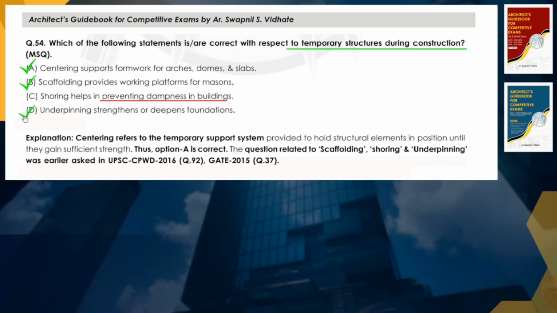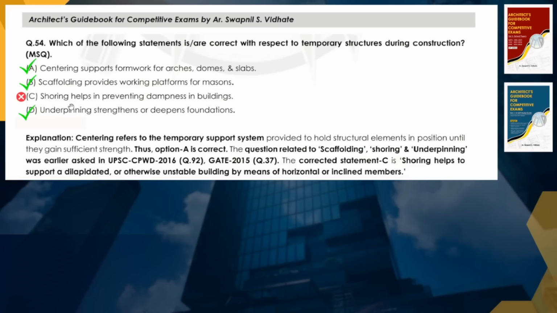The question asks which are correct with respect to temporary structures during construction. There is no direct relation between dampness and the temporary structures, right? So what is the correct term? The correct statement for C is that shoring helps to support a dilapidated or otherwise unstable building by means of horizontal or inclined members.